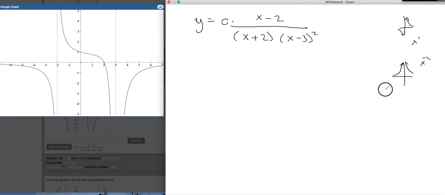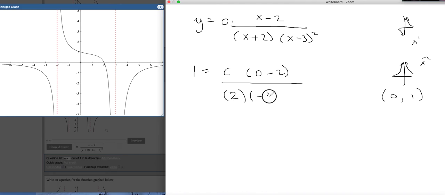So my y-intercept is, when x is 0, y is 1. So we'll throw in 1 equals some constant times, x is going to be 0 in this case, so 0 minus 2, and then this would be 0 minus 3 squared, just letting all these x's equal 0.